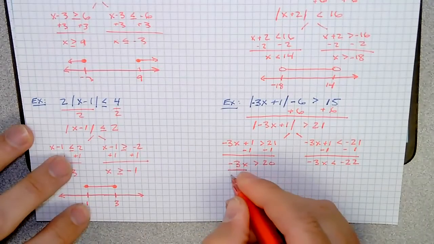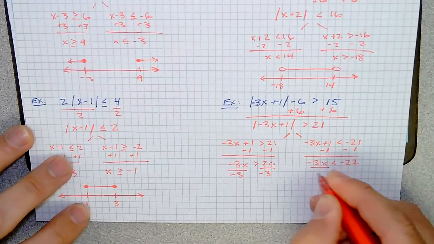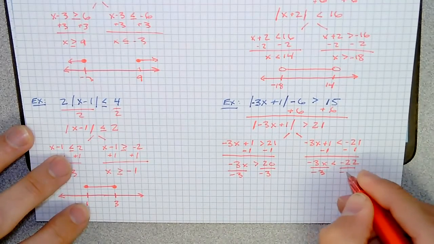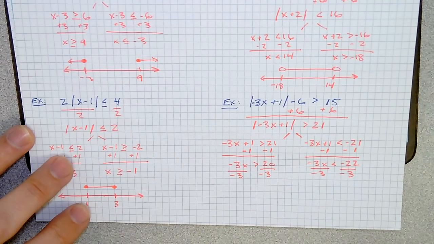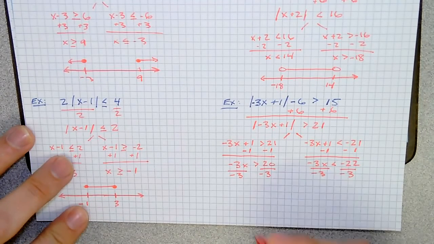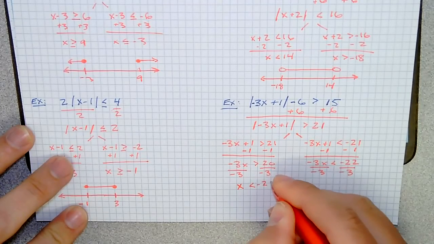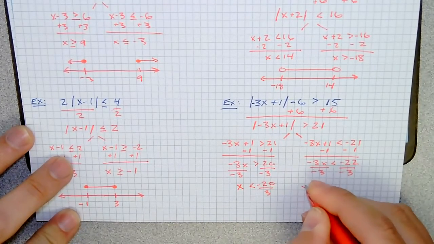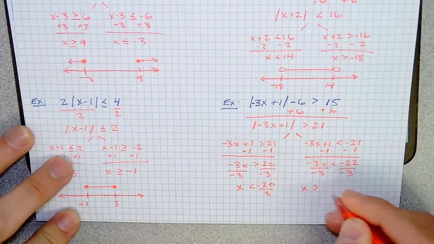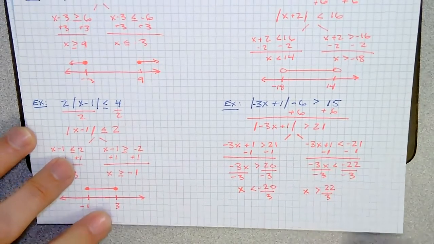Okay, now I need to divide by a negative 3. In doing so, dividing by a negative 3 means I have to do what? Flip the sign. So I get x is now less than negative 20/3, and x is now greater than positive 22/3.